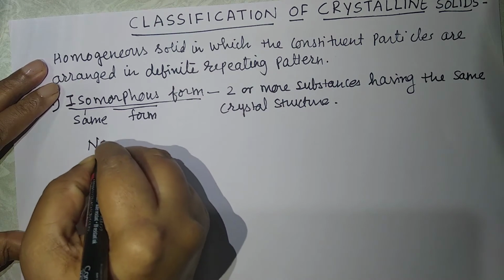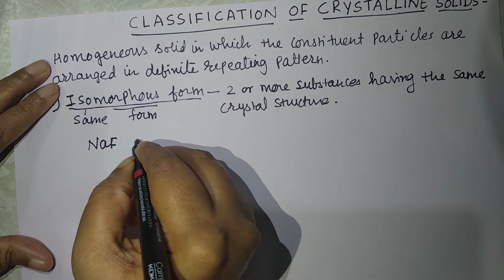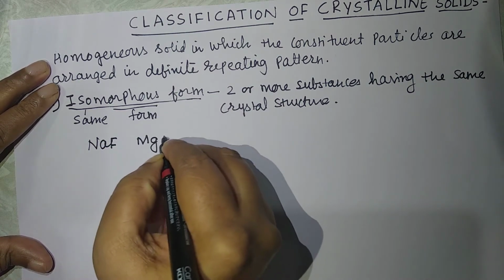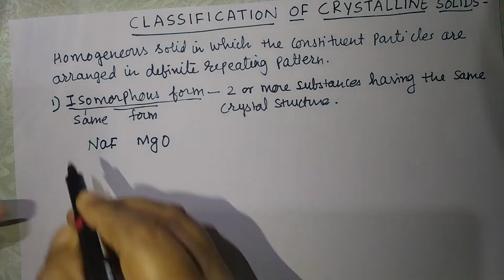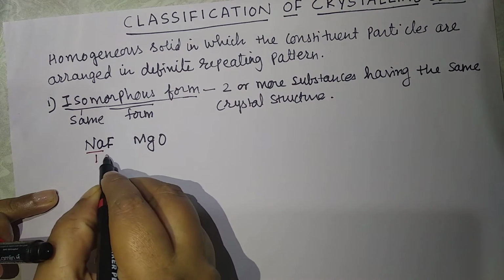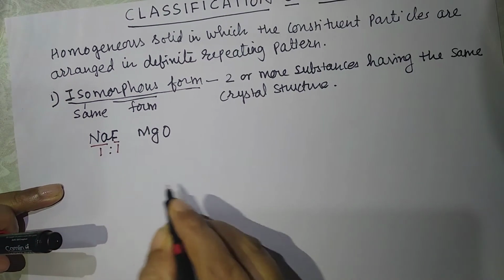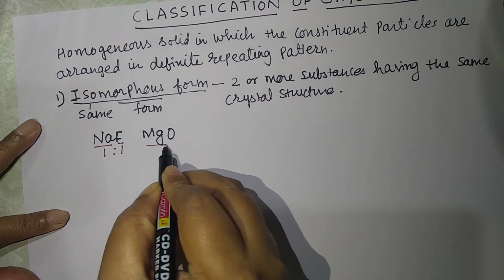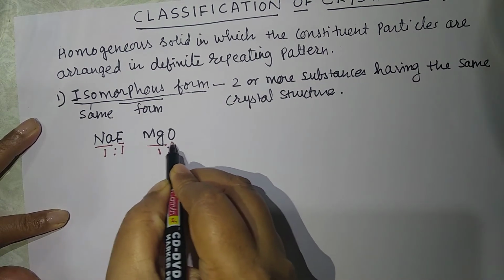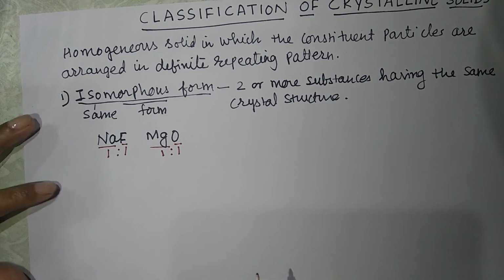If I write sodium fluoride and magnesium oxide, here sodium is 1 and fluorine is 1, so this is 1:1. This is called the atomic ratio. For magnesium 1, oxygen, that is the oxide form, is 1. So it is in the ratio 1:1.